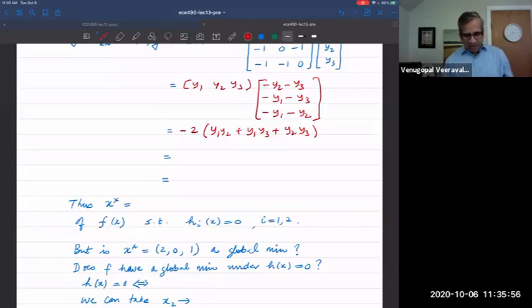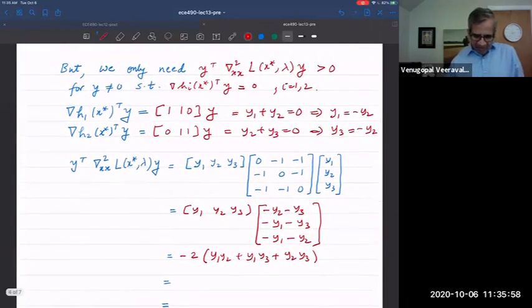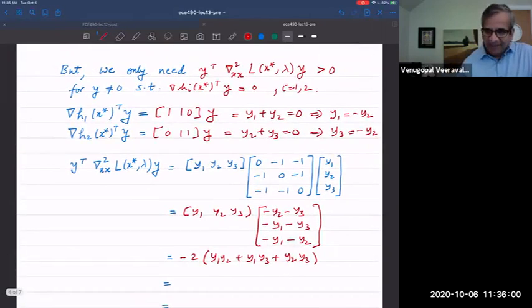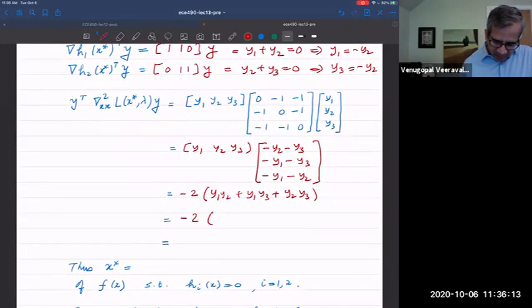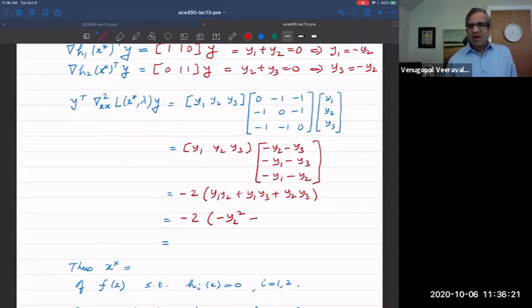Okay. But then let's now impose our constraints, we need to show that this is positive. But we know that y1 is minus y2. So this is minus y2 squared. And then I have y1 equal to y3, which are both equal to minus y2.